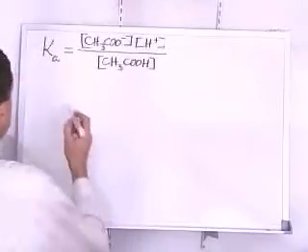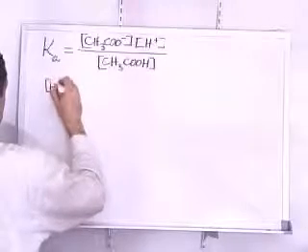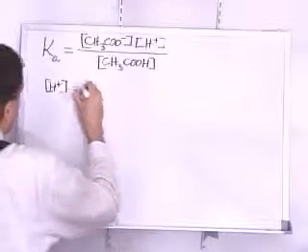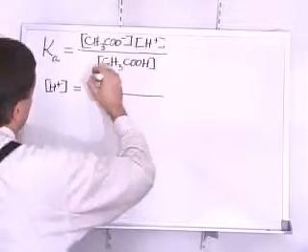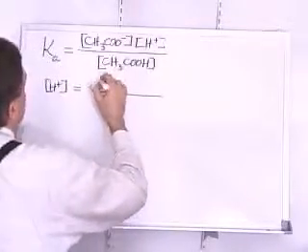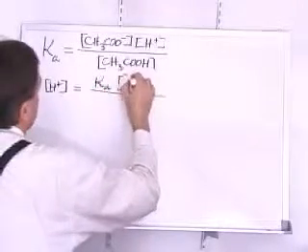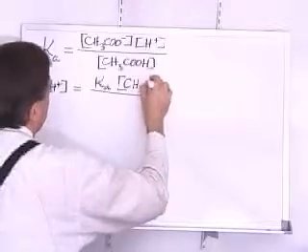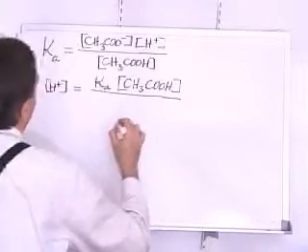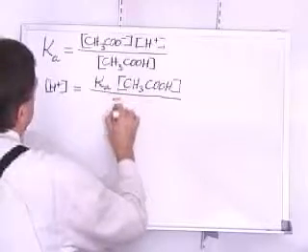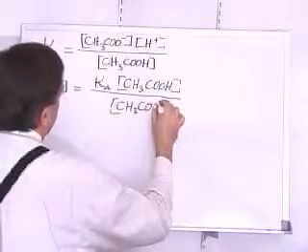Let us express the concentration of the protons, the molarity of the protons, from the expression of the equilibrium constant, of the acid ionization constant. It will be Ka times CH3COOH over CH3COO-.